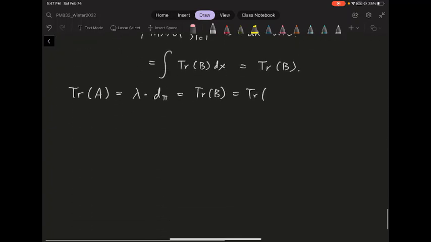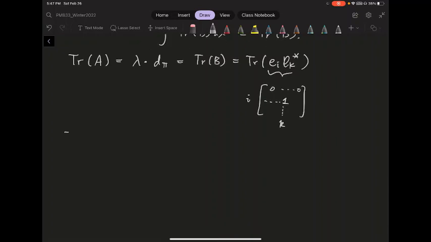So this is EI, EK star, and if you think about it as an n by n matrix, it's just a bunch of 0s, and then there's only one entry equal to 1, which corresponds to the ikth entry. And this trace is most of the time going to be equal to 0.